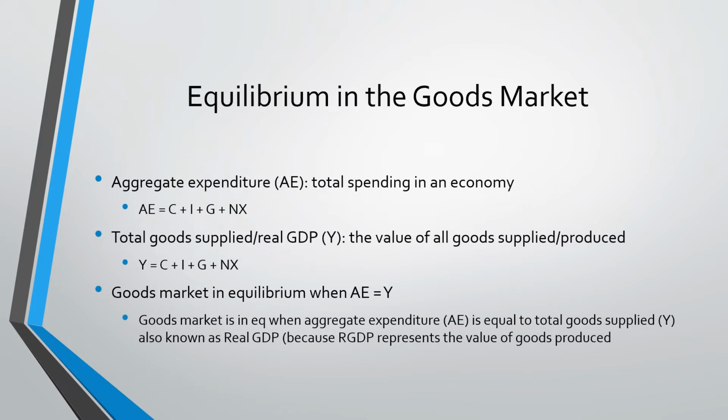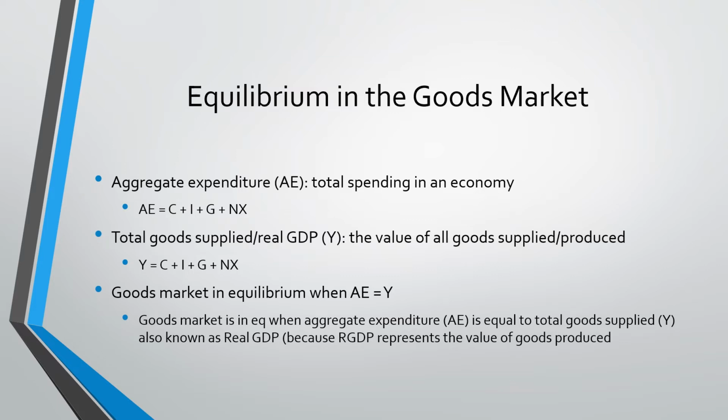So, equilibrium in the goods market. We're going to start off with aggregate expenditure and the total goods supplied. So that's your AE and your Y. Aggregate expenditure is simply the total spending in an economy, and you can see the formula below. Total goods supplied, also in this case known as real GDP, is essentially just the value of all goods supplied or produced.